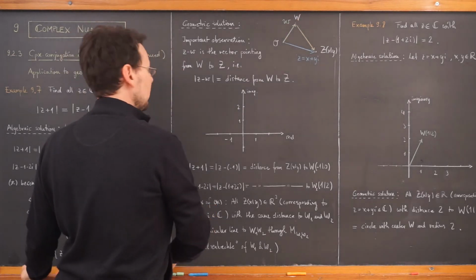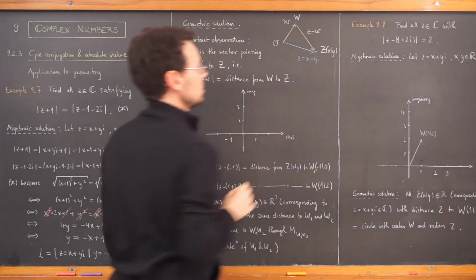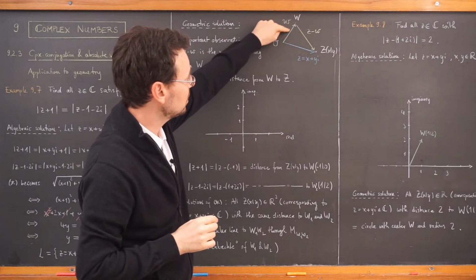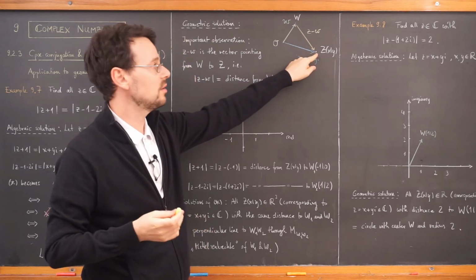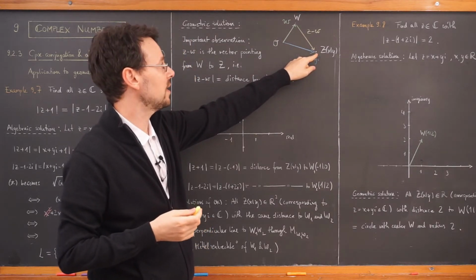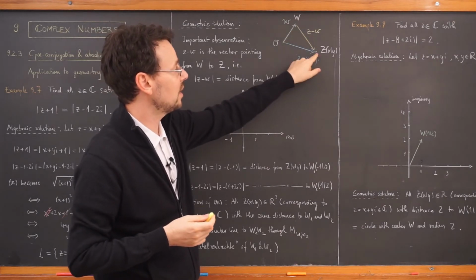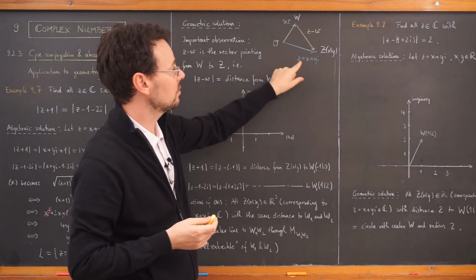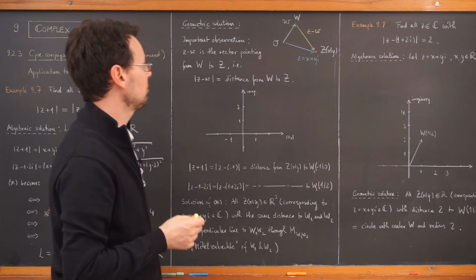Now this yellow arrow is nothing but z minus w, because minus w points from here to here, plus z, and I end up here. Or another way to look at that, if I add w and this vector, I end up here. So w plus this vector is z, or this vector is z minus w.